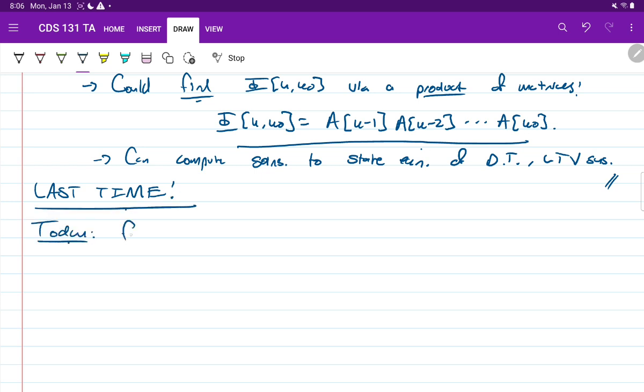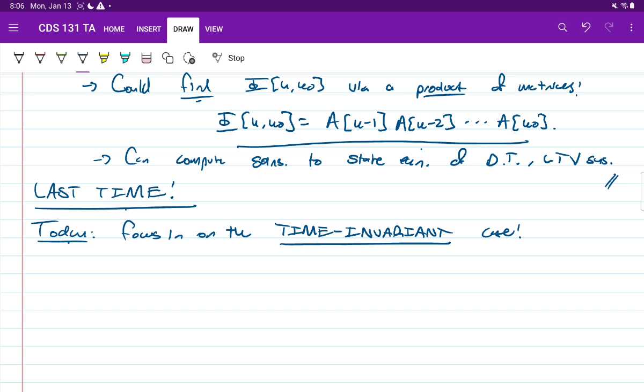Well, what we're going to do is focus in on the time-invariant case. Okay, so you might remember from lecture 1, when we initially defined all of these system representations, we said that a continuous time system representation is time-invariant if each of those matrices in the representation is a constant matrix, right?